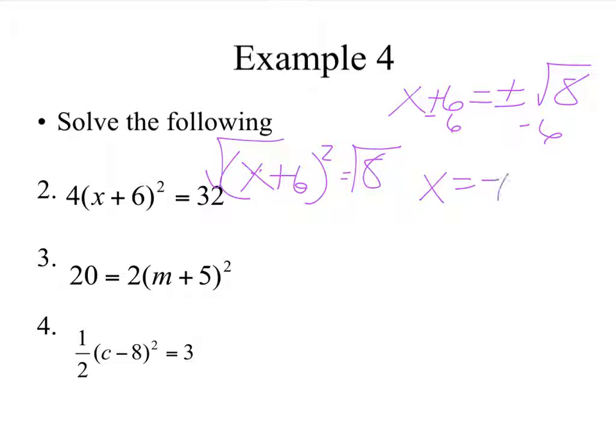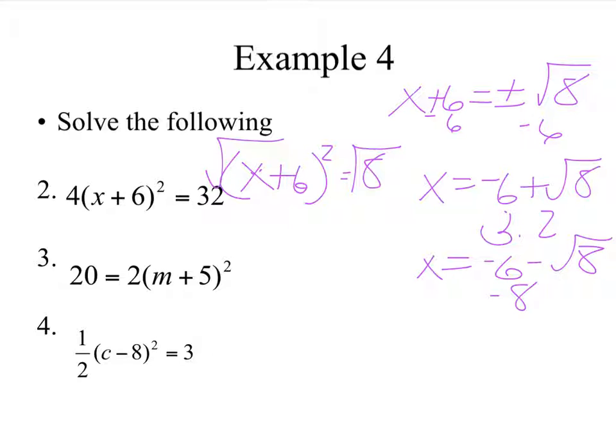So x equals negative 6 plus the square root of 8, and I believe that one gives me 3.2. I just have the decimals written down. And x is also going to give me negative 6 minus the square root of 8, and that one I do believe gives me negative 8.8.